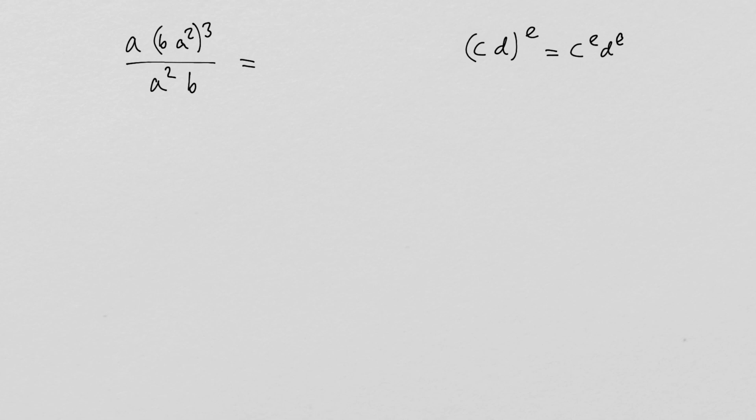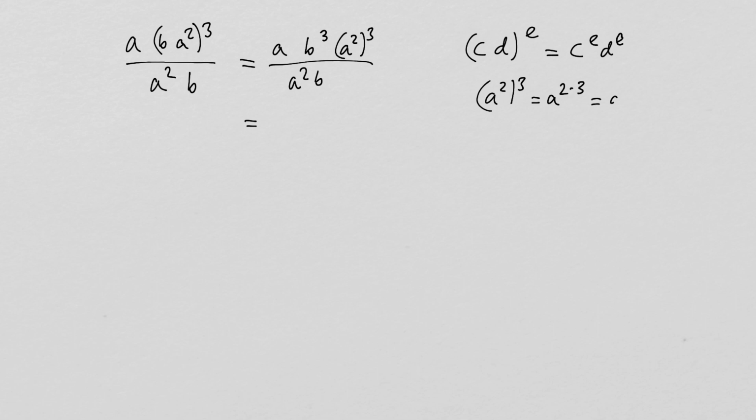So by using this rule we would get b to power 3 and a squared to power 3, and now a to power 2 to power 3 is a to power 2 times 3, that is a to power 6. Like this. And in total we have a to power 7, b to power 3 over a squared b.